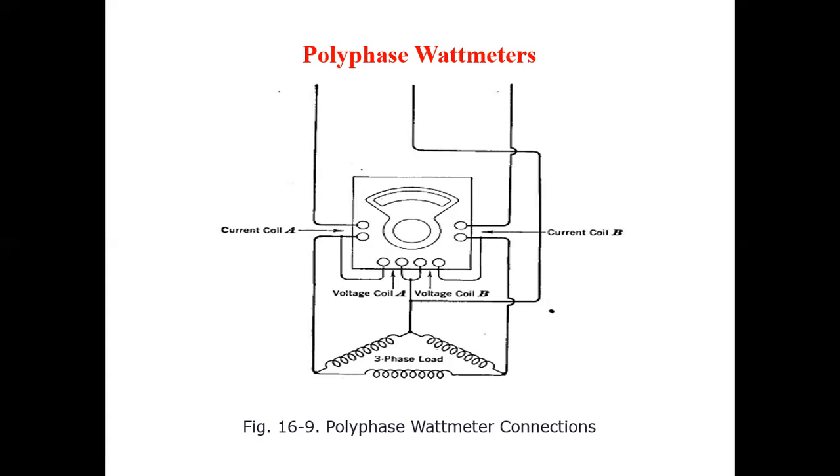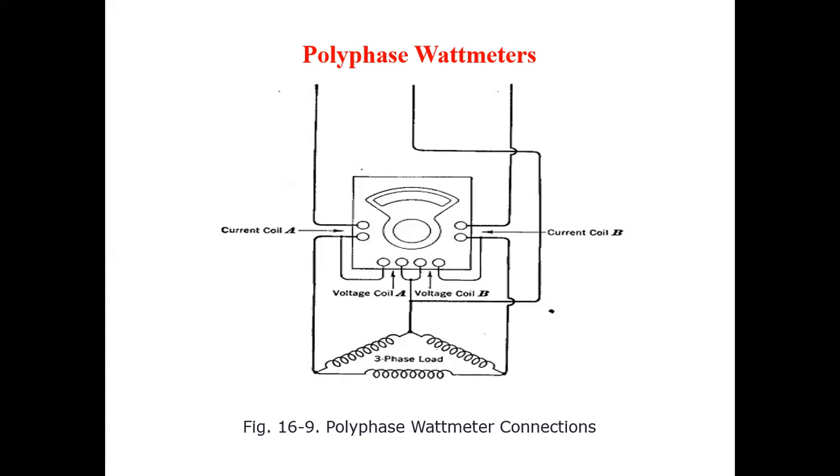In that polyphase wattmeter, there are two pressure coils and two current coils: current coil A, current coil B, pressure coil or voltage coil of A and pressure coil of B. Means there are two voltage coils and two current coils.